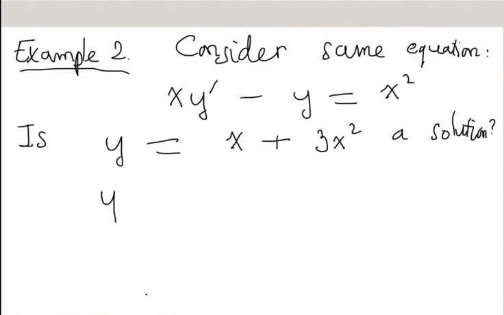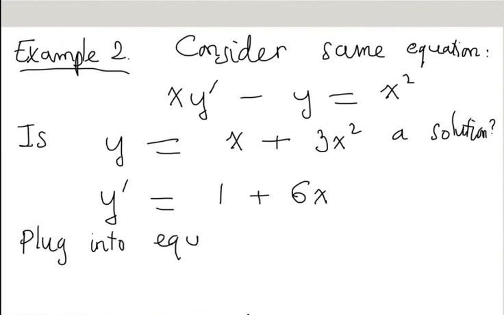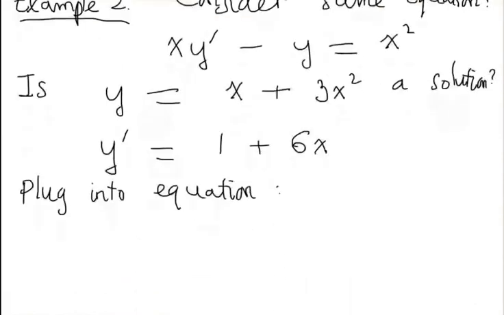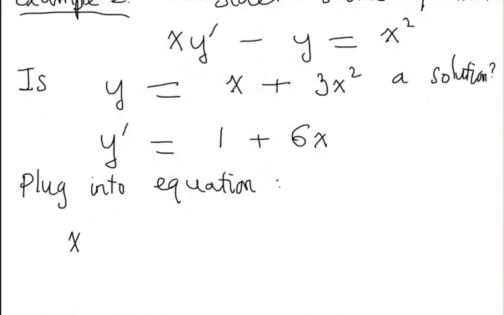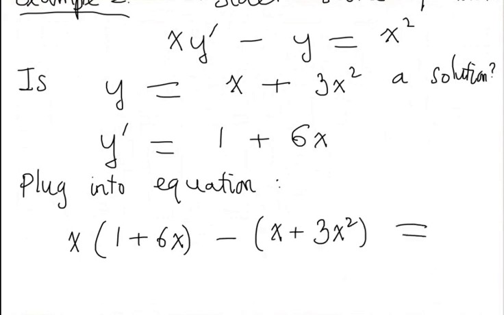So as before, we're going to take the derivative, get 1 plus 6x, and then we plug into the equation. x times the derivative, which is 1 plus 6x, minus y, which is x plus 3x squared. And we want to know, is it the same as x squared?